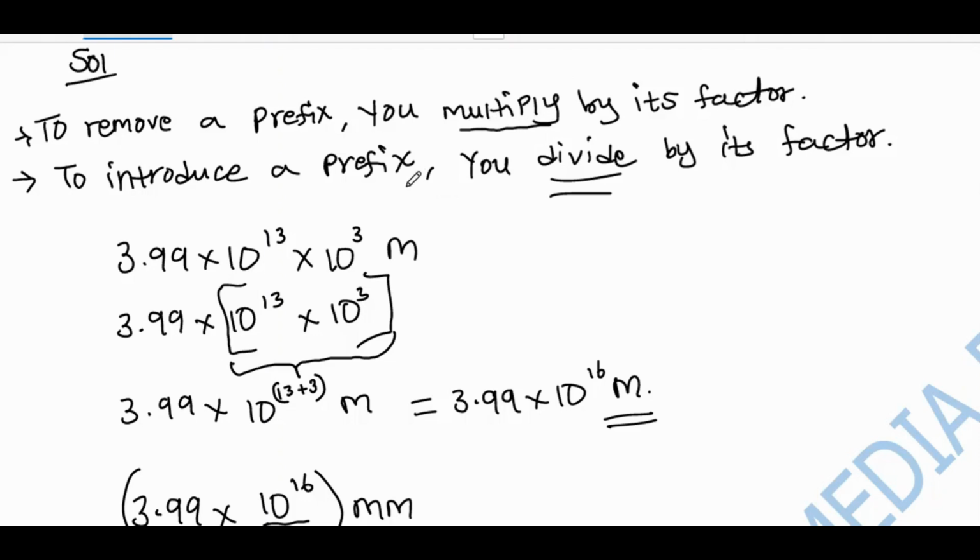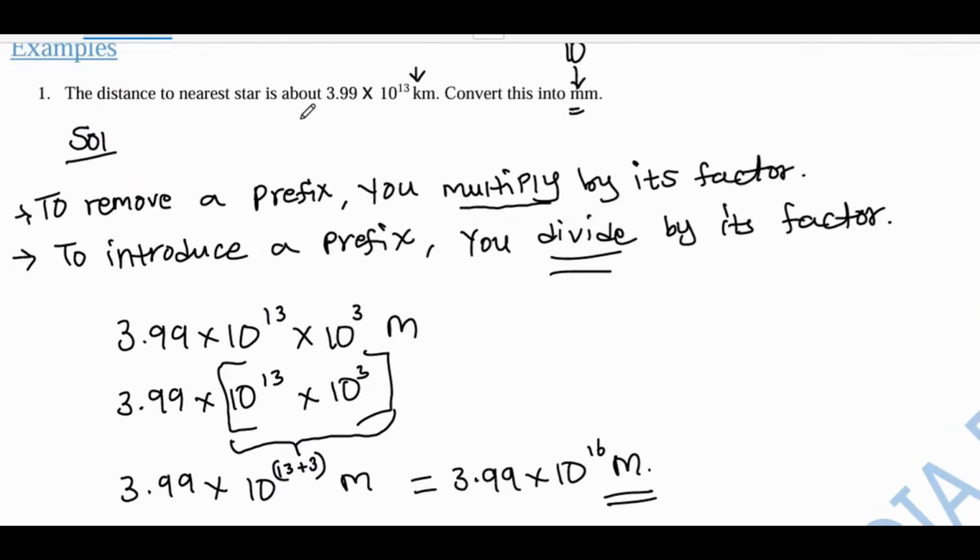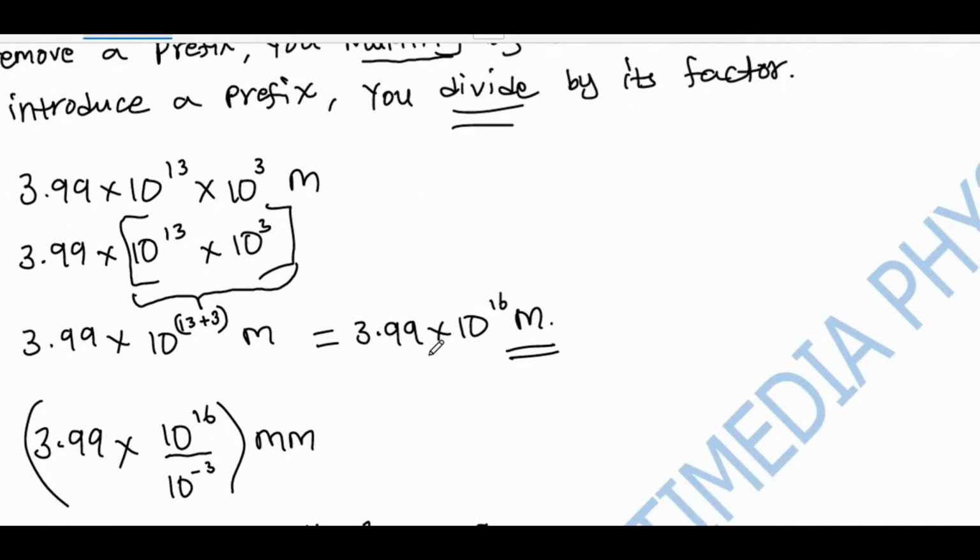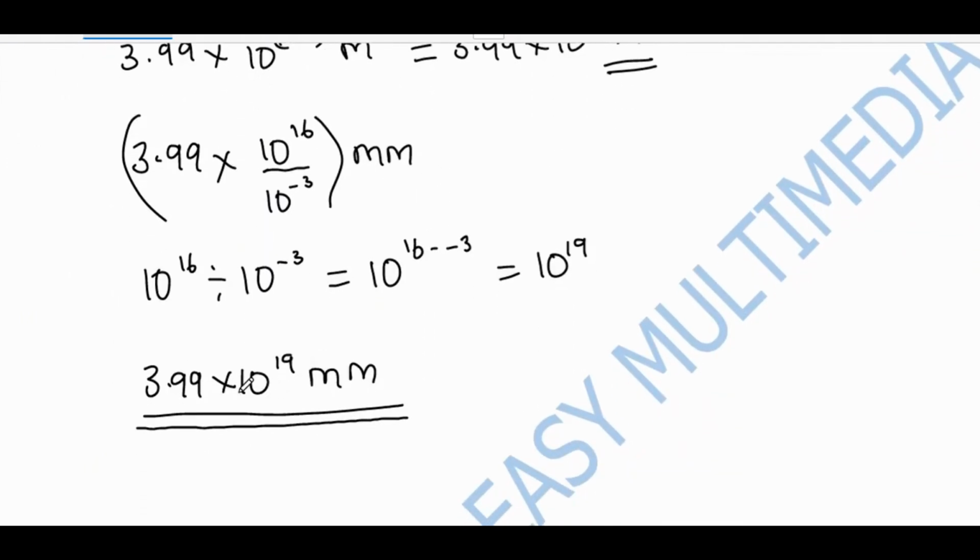And to introduce now a prefix after we have removed it and we want to put in another different prefix, then we have to divide by the factor of that prefix. Now, a distance of 3.99 times 10 raised to power 13 kilometers is equivalent to 3.99 times 10 raised to power 19 millimeters.